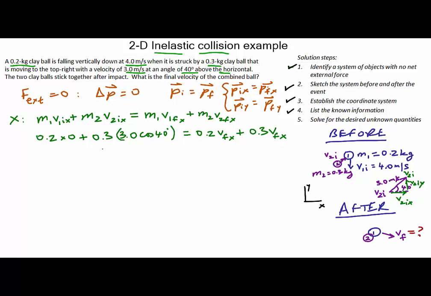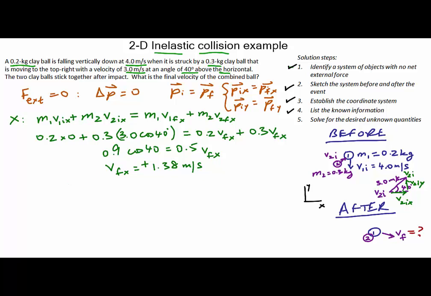So the first term here is 0, and this simplifies to 0.9 times cosine 40 equals 0.5 times Vfx. And so dividing both sides by 0.5, I get Vfx equals 1.38 meters per second. I'm purposely carrying one extra significant digit because this is an intermediate step.